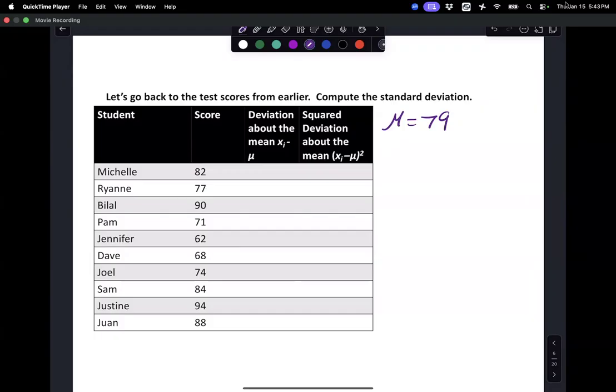So I would like you to practice. I'm going to step you through it. So I'm not saying, hey, do all of it at once by yourself.